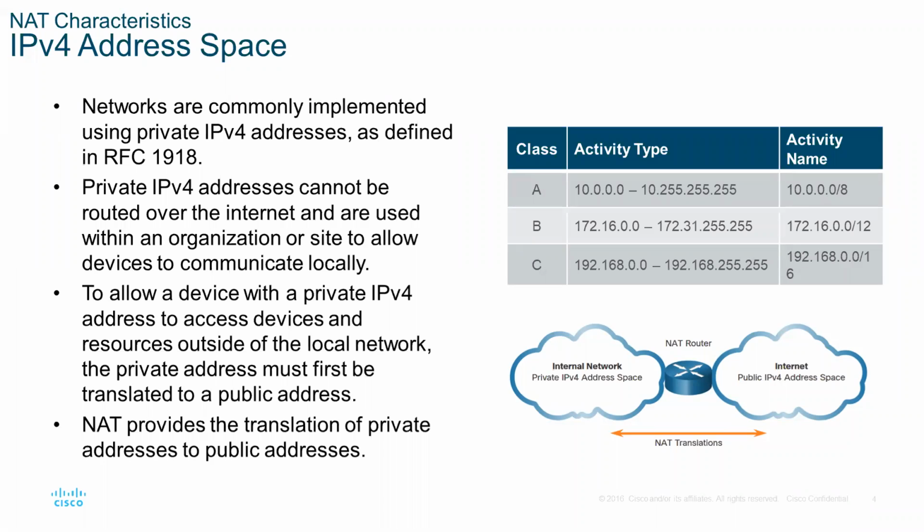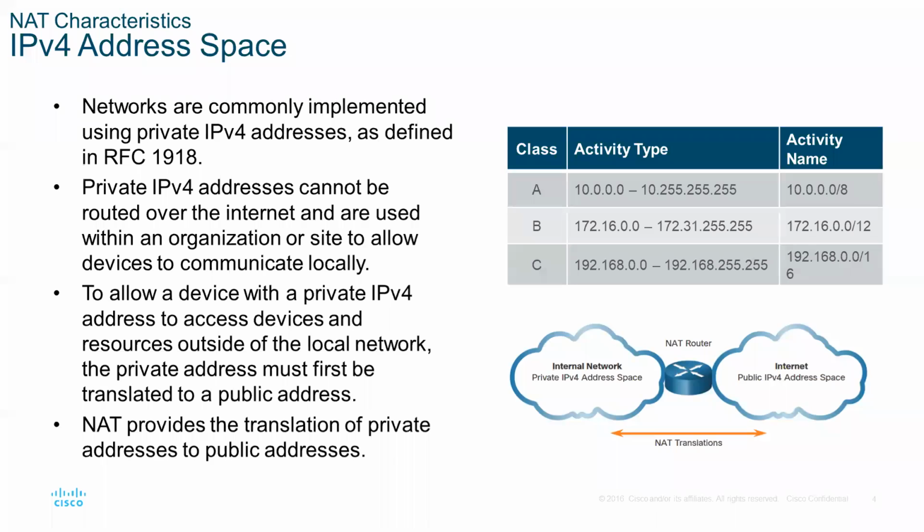So as I said, we have the ability to translate private addresses to public addresses. Public addresses are live addresses that everybody has access to, and they're the ones that are assigned by an owner. The private addresses are the addresses that are on the screen there, the 10, 172.16, 192.168.